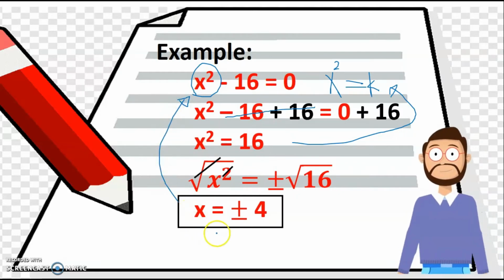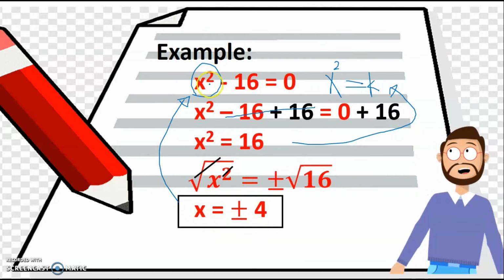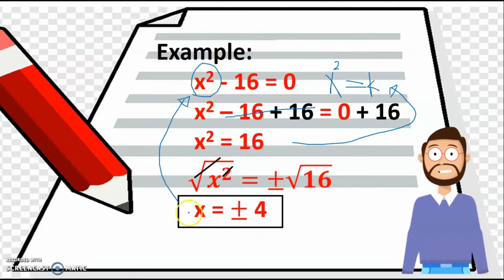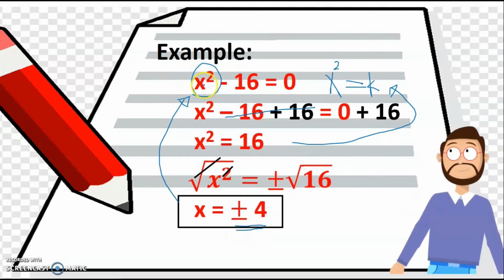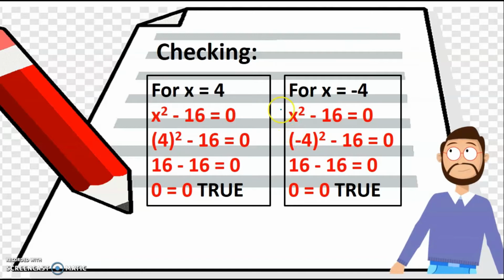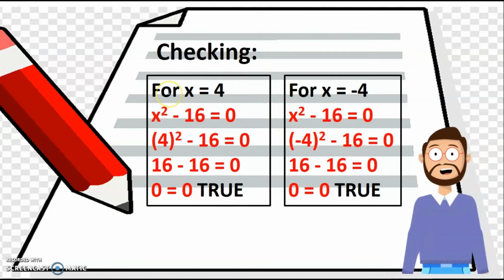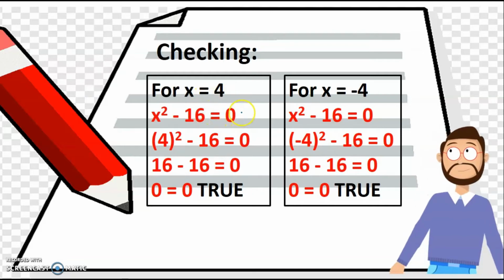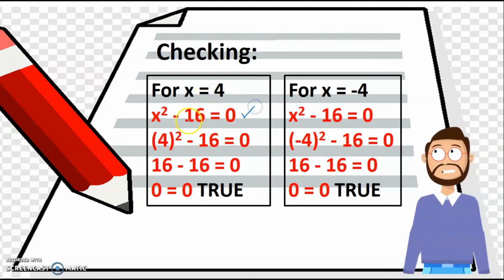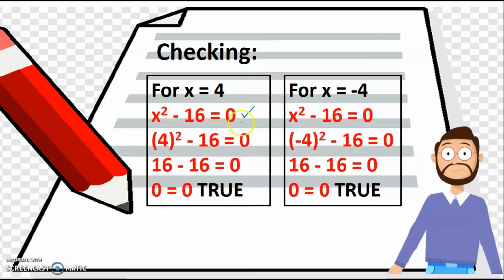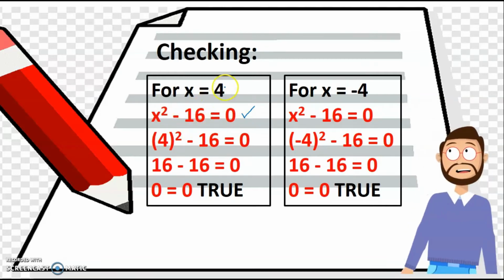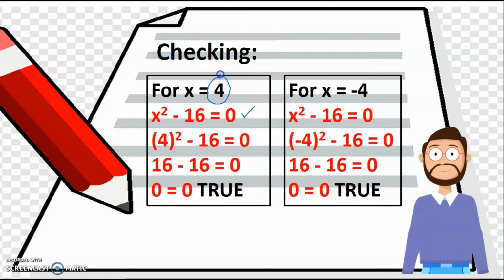To check if these values of x will satisfy the given quadratic equation, we have to substitute the values of x into the original equation. We have here checking. First, for x equals 4, again we need to use the original equation, x squared minus 16 equals 0. Then substitute the value of x, which is equal to 4.